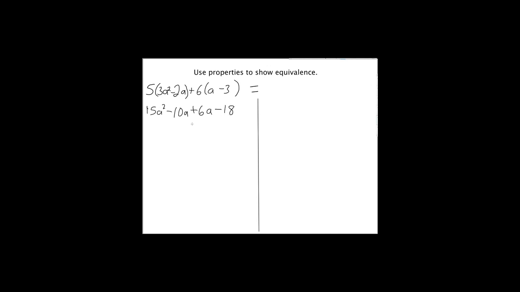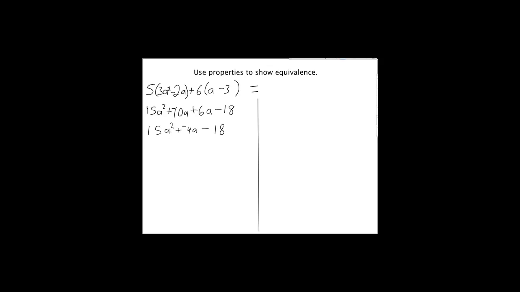I have a 15a squared, negative 10a plus 6a is going to be minus 4a, and minus 18. I think I'm as simplified as I can get. No more like terms, I'm done.